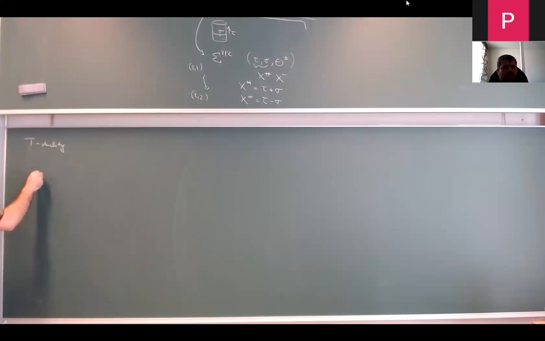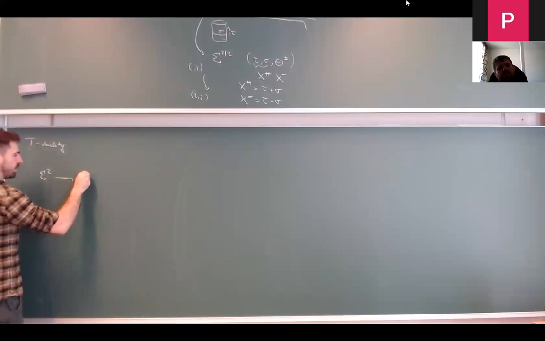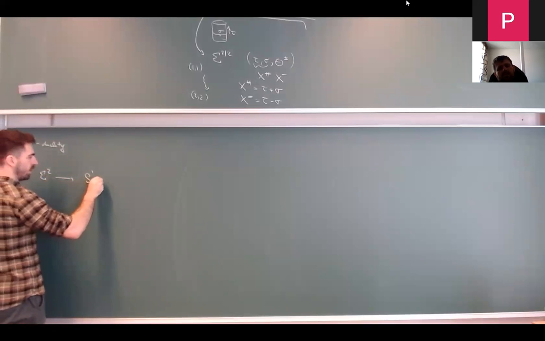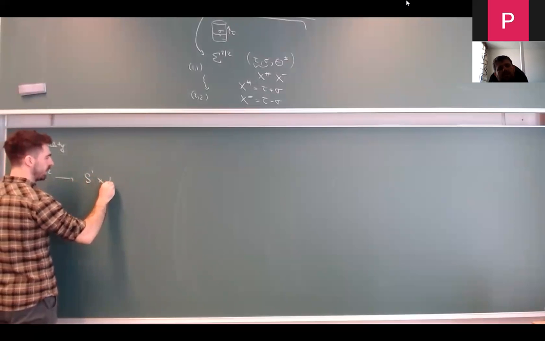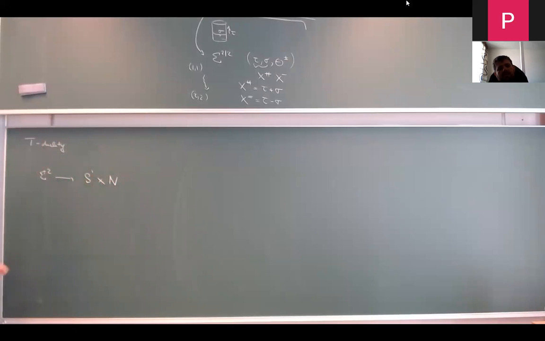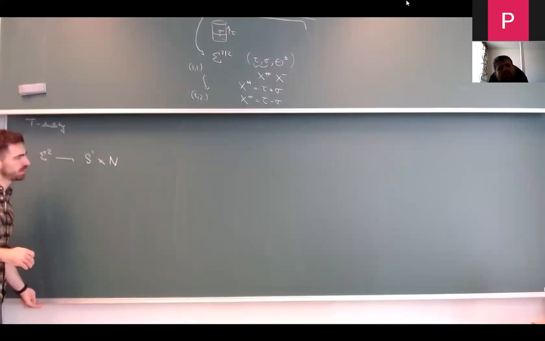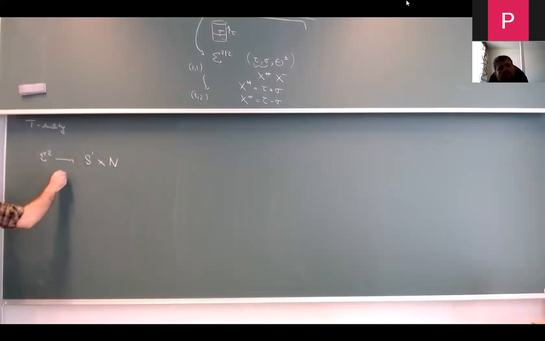In the simplest situation, we have a target being some S1 times n, meaning that there's some distinguished circle in our target space manifold. There's a way to write a dual model under some restrictions, which I'll talk about in a bit.